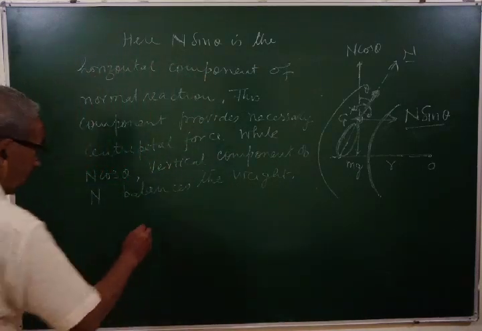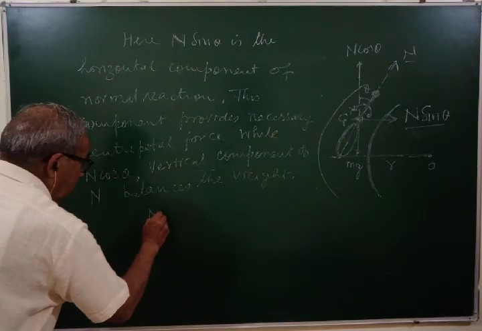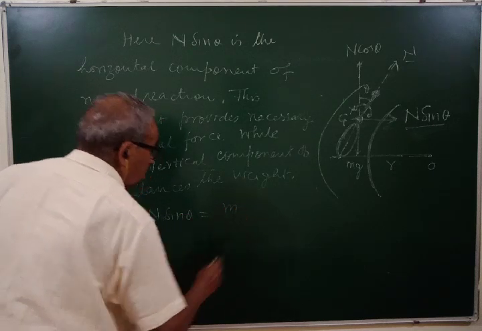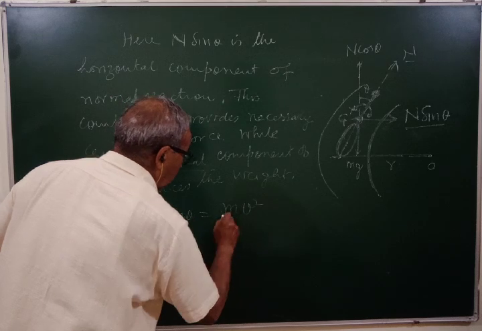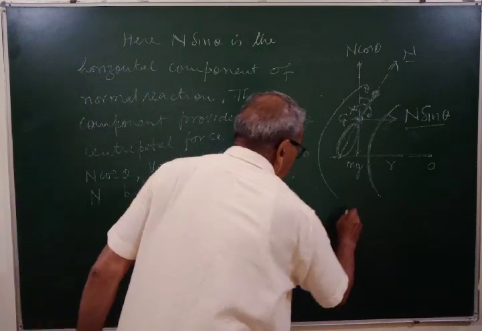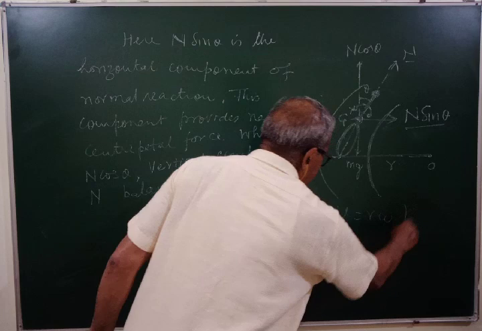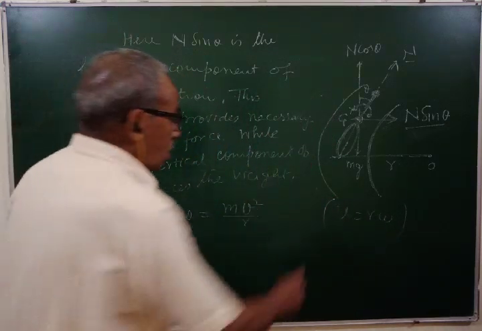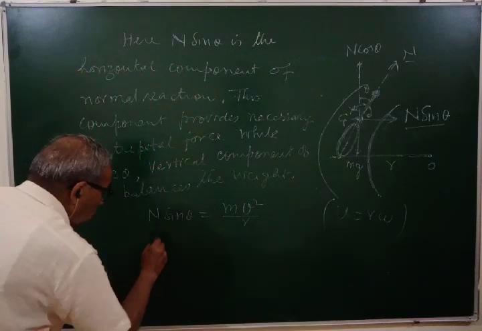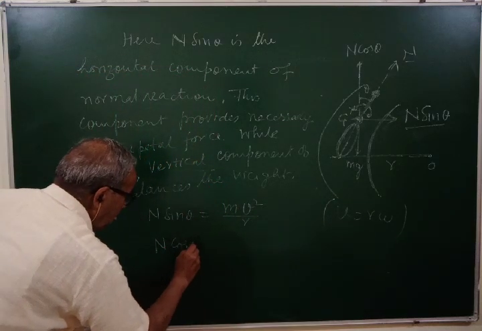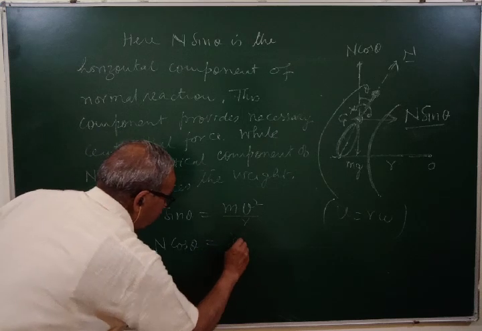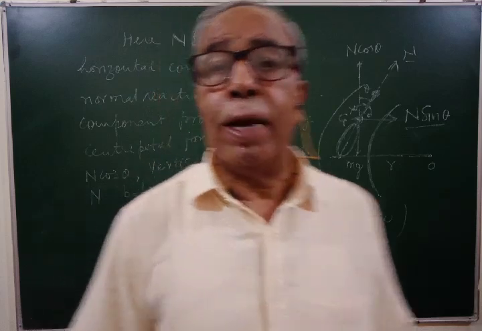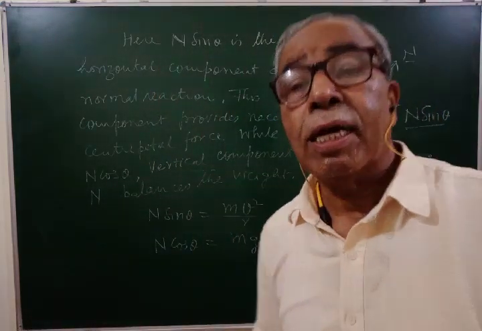And we can write here N sin theta equal to m v square upon r. You know v equal to r omega also, so here we can write m r omega square if you square v. And N cos theta equal to mg.